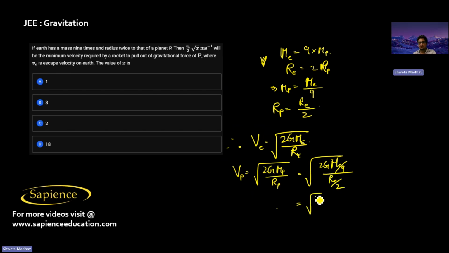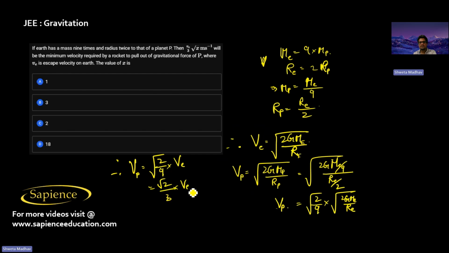Which is equal to root over 2 by 9 into root over 2 G M_e by R_e. So V_p is equal to root over 2 by 9 times V_e, which is equal to root 2 by 3 into V_e.